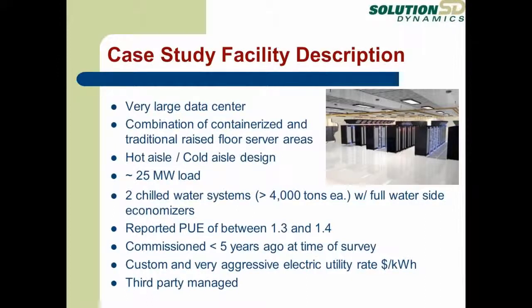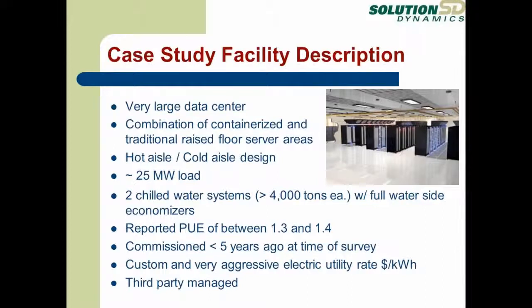They have 2 different chilled water systems that are more than 4,000 tons apiece with full water side economizers. They reported a PUE of between 1.3 and 1.4, depending upon the time of the year and what was going on weather-wise. The facility was commissioned less than 5 years ago, so it's a fairly new facility.